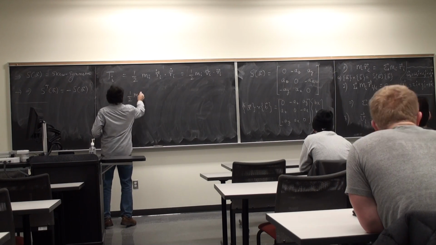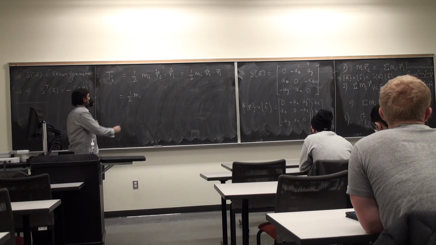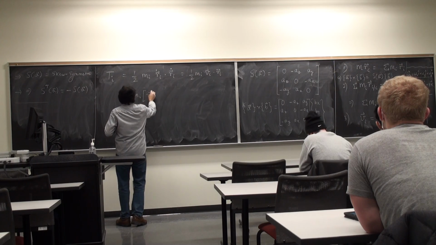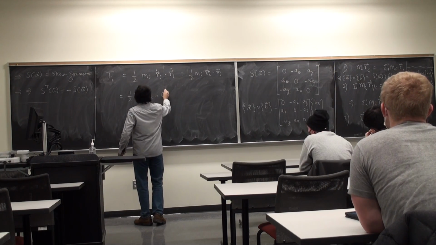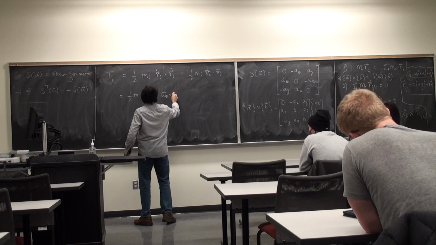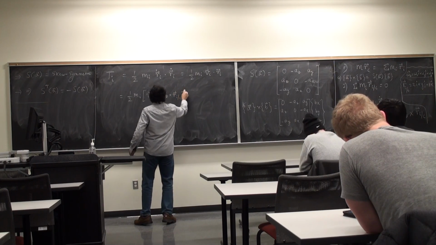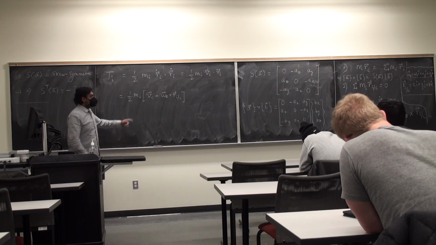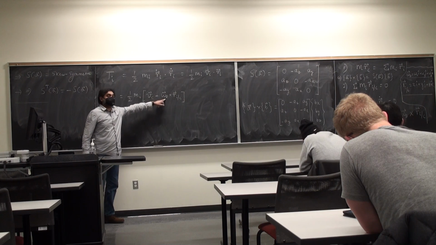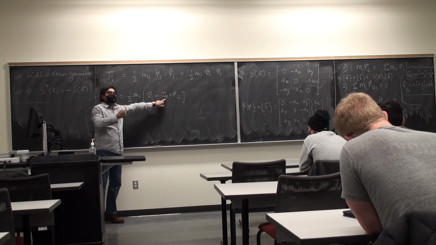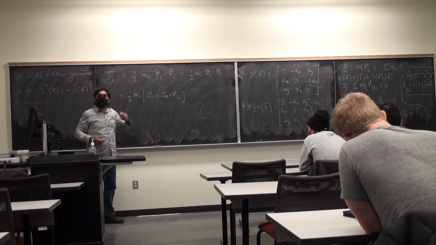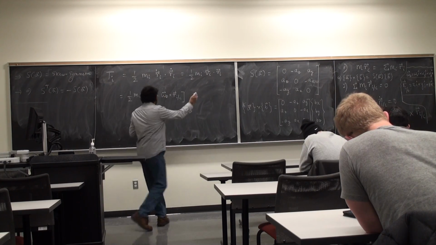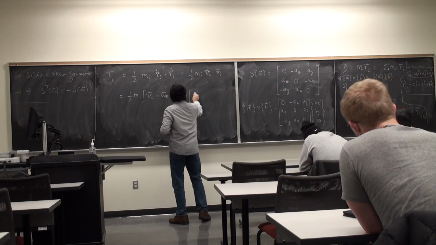This is half mi, Vc plus omega b crossed with ri/c. You see why we are doing the cross product that way: because there is a cross product here, and I want to apply that idea onto this cross product so that things become slightly simpler.